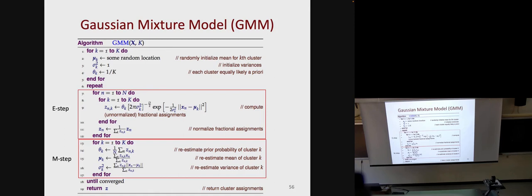You see this is the exponential from the Gaussian distribution, this is the normalization constant from the Gaussian distribution, and this is the fraction theta. We normalize, we compute also the Zn, where we sum over all the possible k's. And then for each cluster, we find their parameters, the mu's, the sigmas, and even the fractions, theta k.